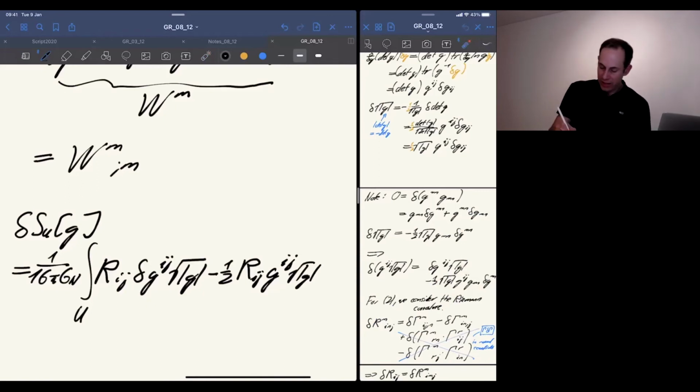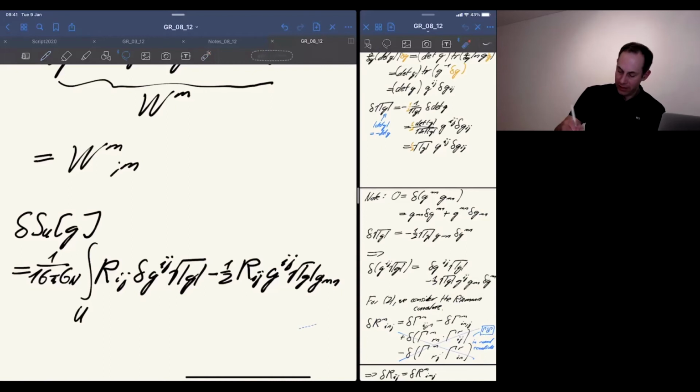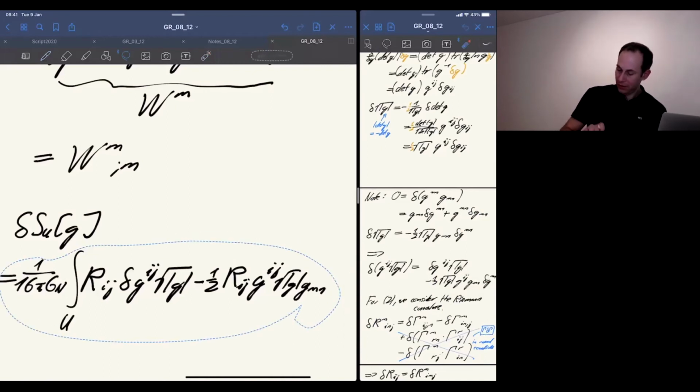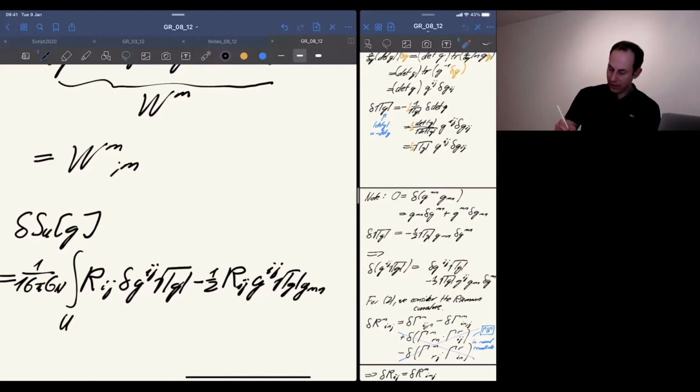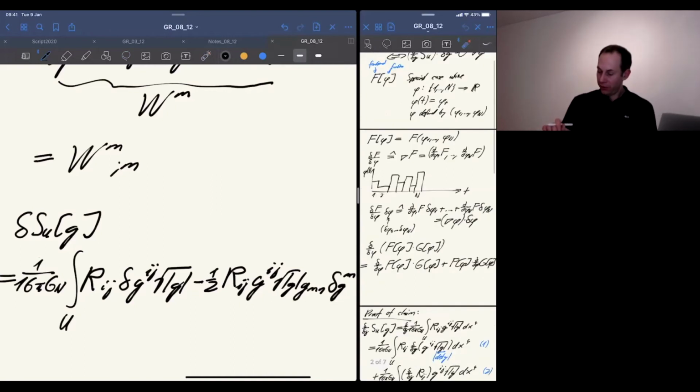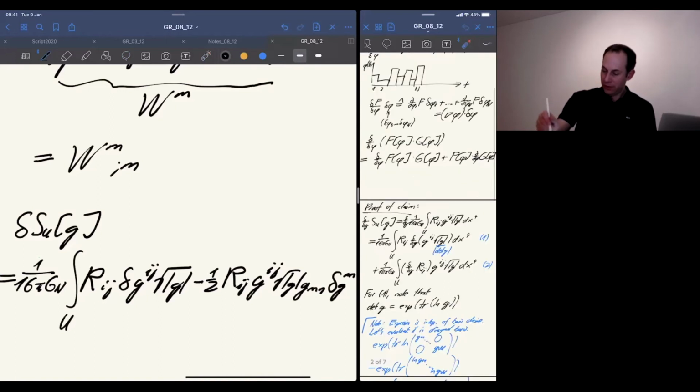We also have a G^mn, and we have a delta G_mn. Okay, I start to run out of space. I think it almost works. So I still need to put the delta G_mn. And then I've really accommodated everything from the first part of this long equation.